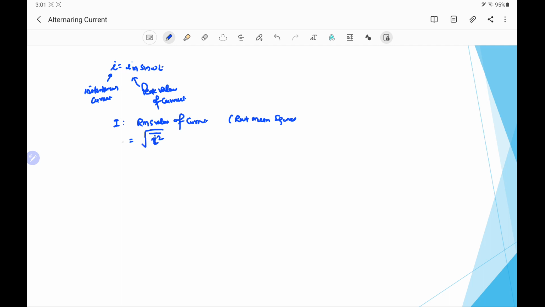So small i represents the instantaneous value, Im represents the peak value of the current, and capital I represents the RMS value, which is equal to the peak value Im by root 2. And if we simply write I, it means I RMS. This thing we have to remember.